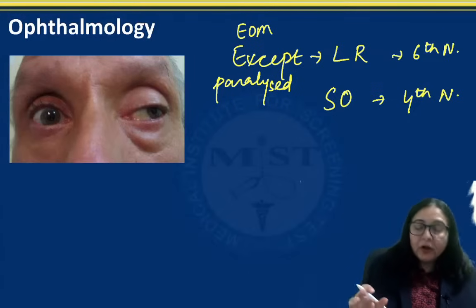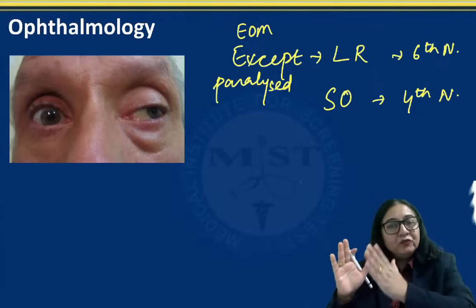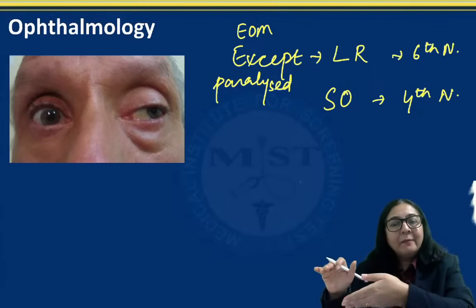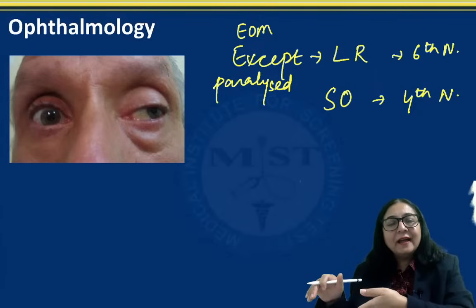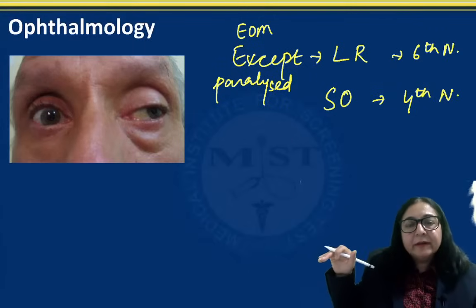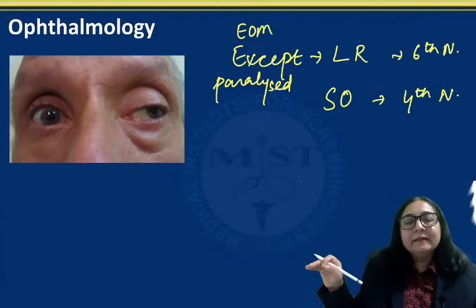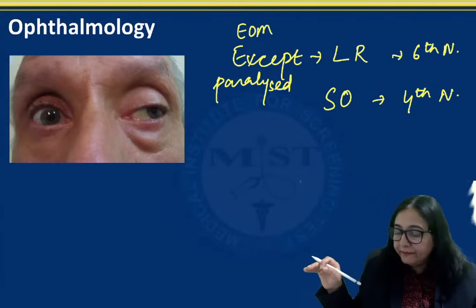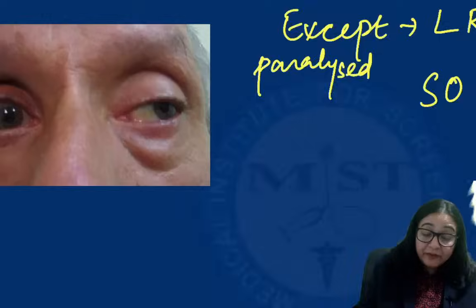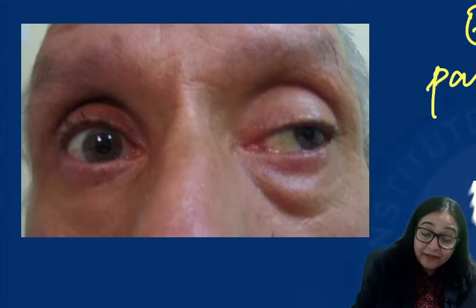Okay, so because lateral rectus moves the eye outward and superior oblique moves the eye down, in the abducted position the downward action of the superior oblique will be unopposed, so that is why it moves down and out. Okay, so this is how a patient of third nerve palsy will look, beta.